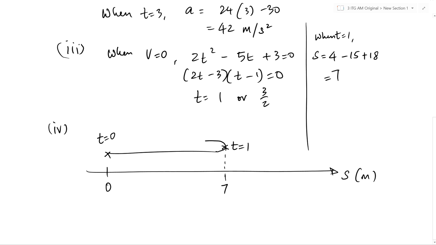So this displacement over here is 7. Now I know already. I was moving for 7 meters, then I U-turn. Now, I'm going to U-turn for a duration of how long? Another 0.5 seconds. Then I'm going to U-turn again. This is at time equals 1.5.